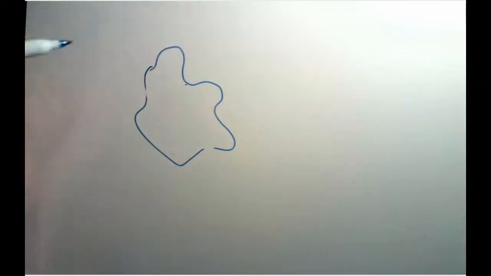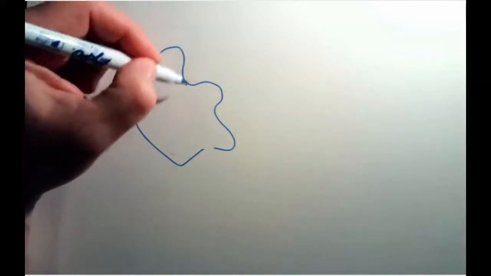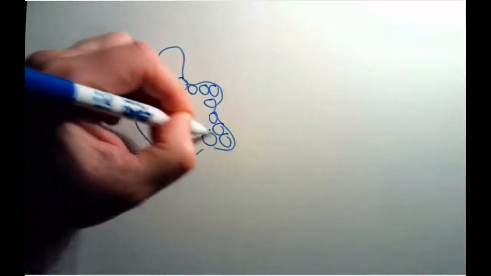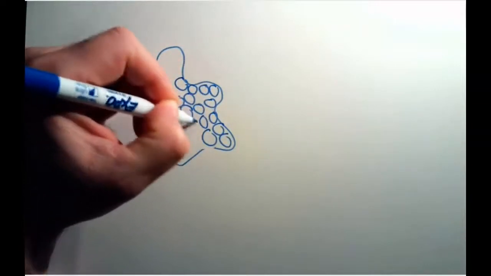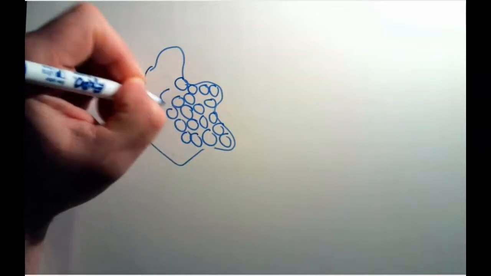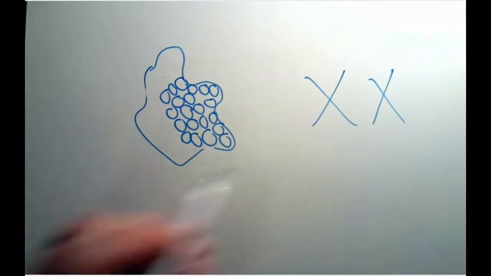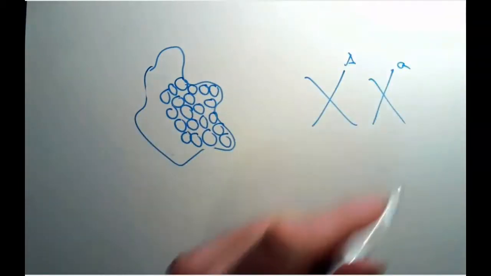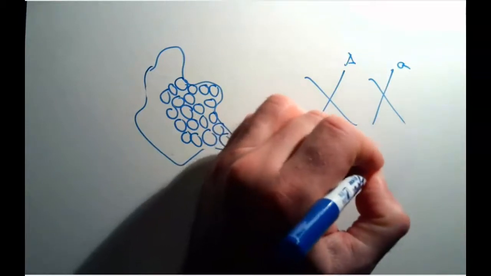And let's imagine that the cells that we're looking at here are going to be skin cells. So I'll just draw a couple. And let's also imagine that this cat is a female cat, and she is heterozygous for the ability to express fur color.